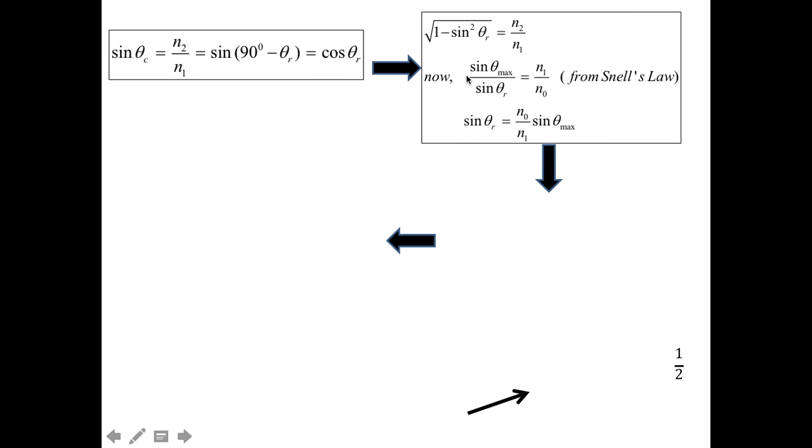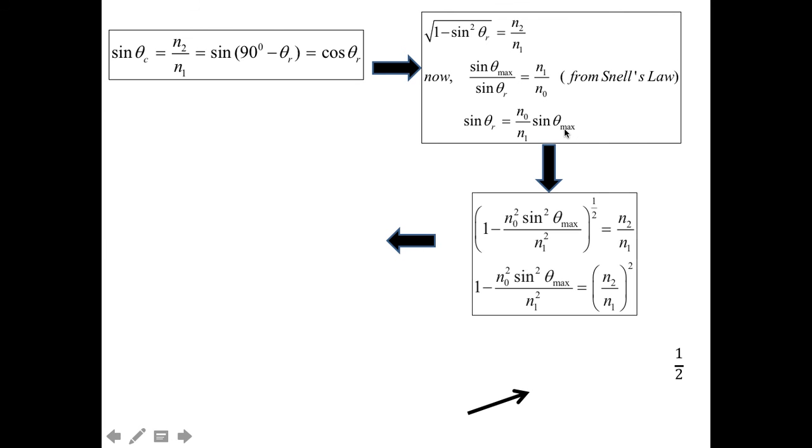From Snell's law, sin theta max upon sin theta r is equal to n1 upon n0. So sin theta r is equal to n0 upon n1 sin theta max. If you put this sin theta r value in this equation, 1 minus n0 square upon n1 square sin square theta max, raised to 1 half, is equal to n2 upon n1. So 1 minus n0 square sin square theta max upon n1 square is equal to n2 upon n1 whole square.